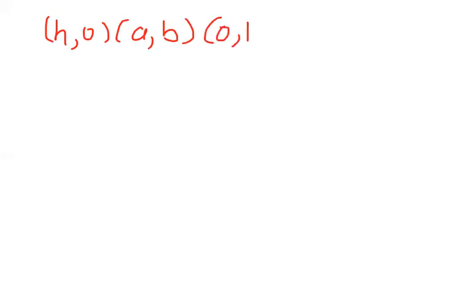See, a question is given to us. If three points (h, 0), (a, b), (0, k) are collinear, or they lie on a line, prove that a upon h plus b upon k equals 1.